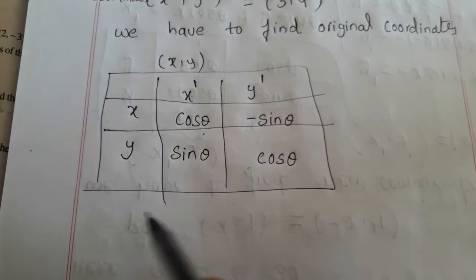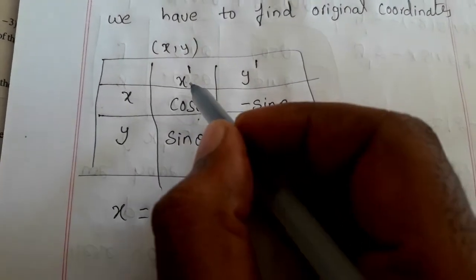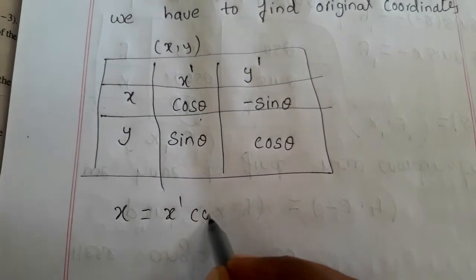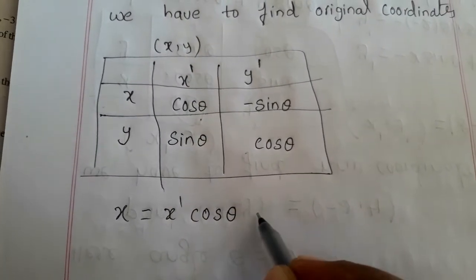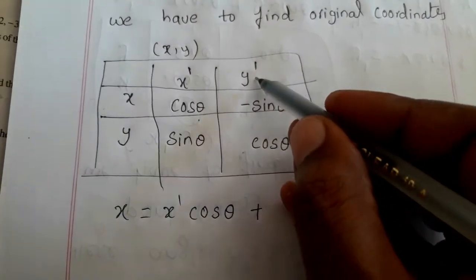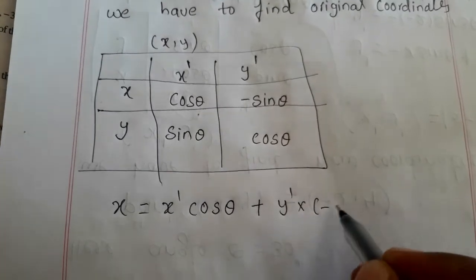So now we will write the formula here. X is equal to x dash into cos theta plus y dash into minus sin theta.